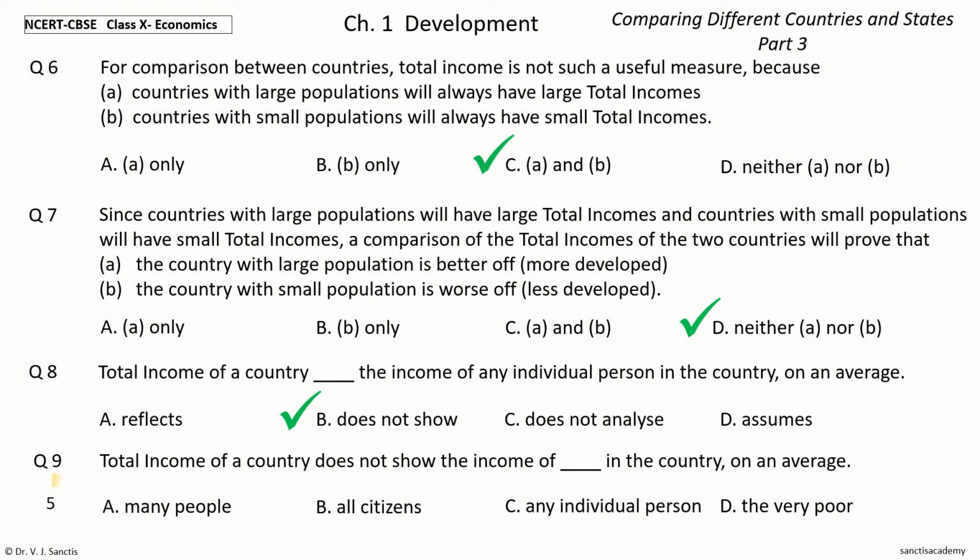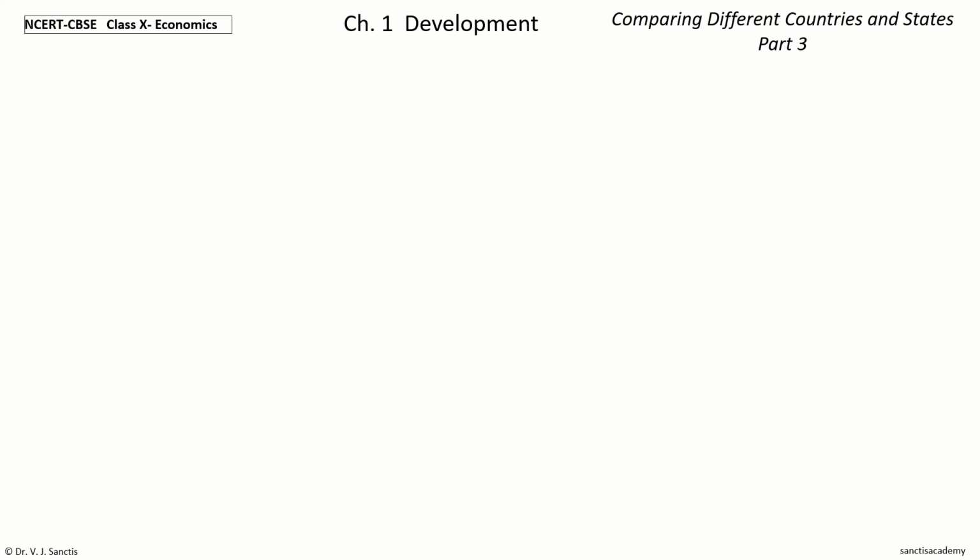Your time to choose. And the answer is any individual person. So, total income of a country does not show the income of any individual person in the country on an average.